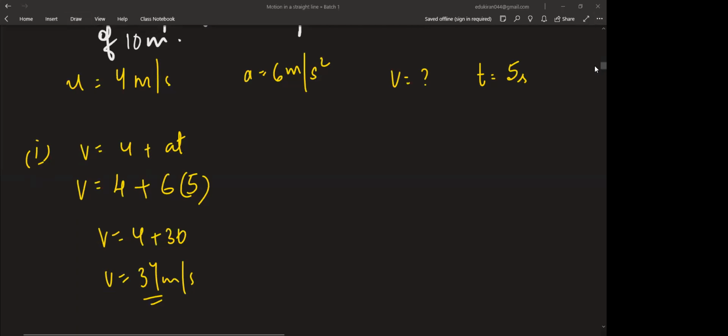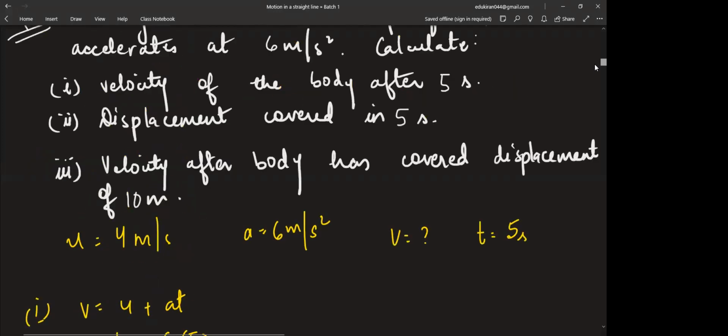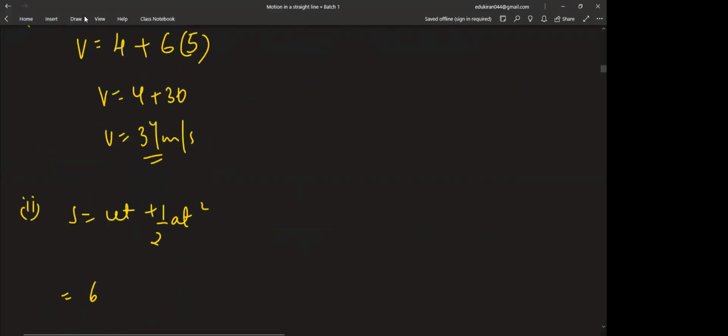Second part says displacement covered in 5 seconds. S is equal to UT plus half AT squared.